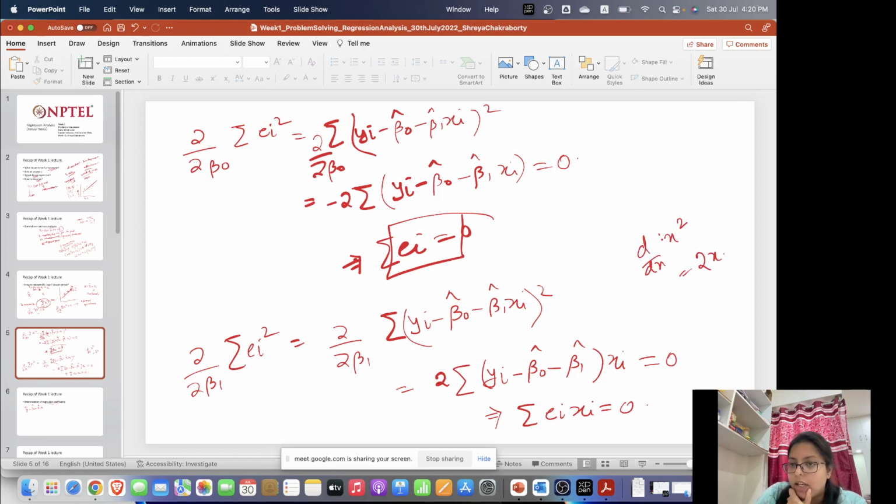But if we have 3x square, then we would do 2x times 3. Same logic is being followed over here. First we take 2, then we have the entire thing, and beta 1's coefficient is xi. We are not taking it outside because this is dependent on the sum. We just can't take it outside. But this does not depend on i, so we are taking it outside the summation sign. Is it clear now? Yeah. Okay.